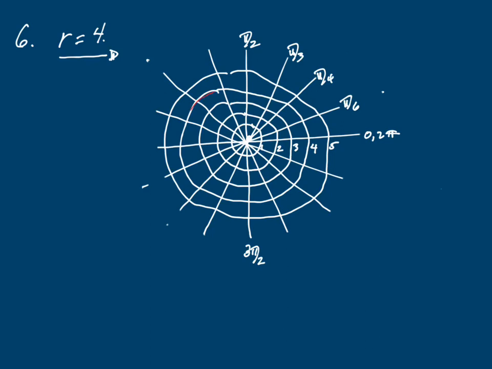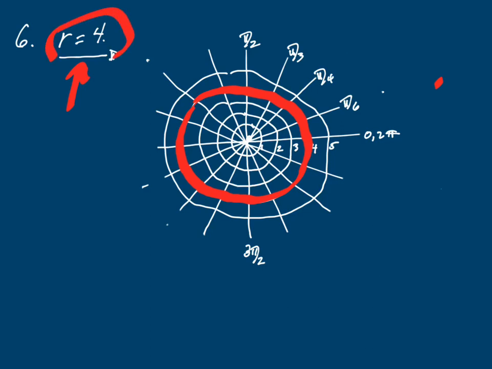It would be just this line, let me make it really fat, all around 4. Remember, if you're asked to graph just the r, it's every point on this line. These are all r equals 4, all the way around to every angle, and so it makes a circle.